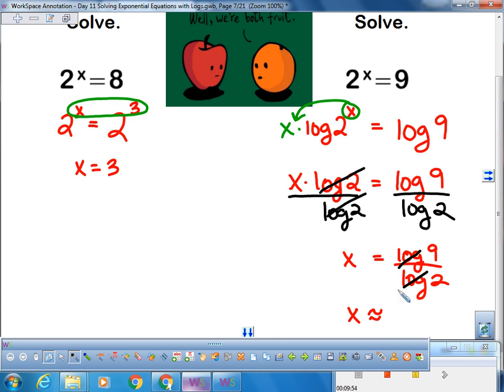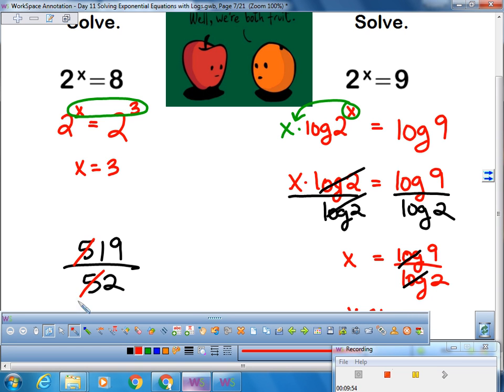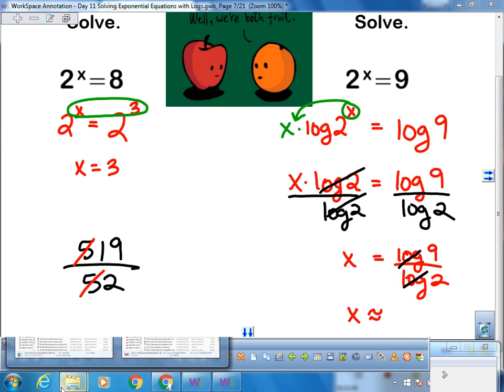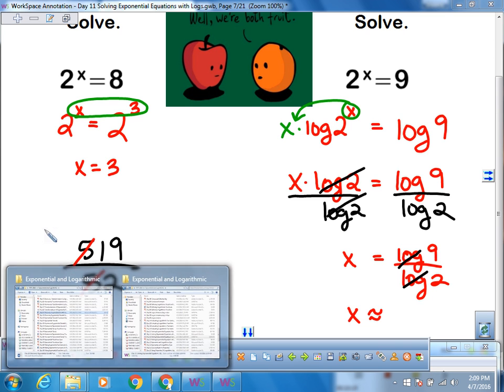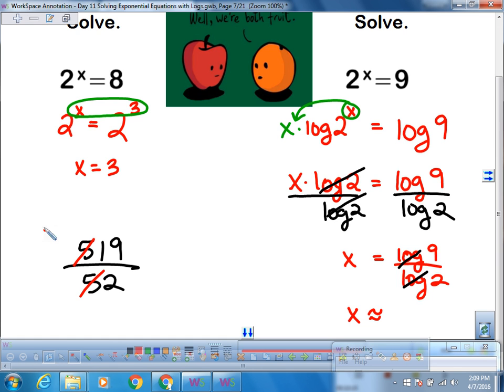Here's the log. For the same reason that I can't do this. Can I just do this? It's one number. But some people look at it as if it was a variable, you could get rid of it, right? But it's not. It's its own thing.